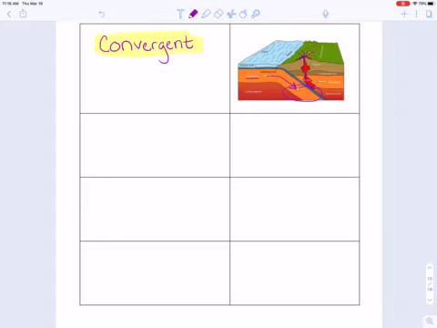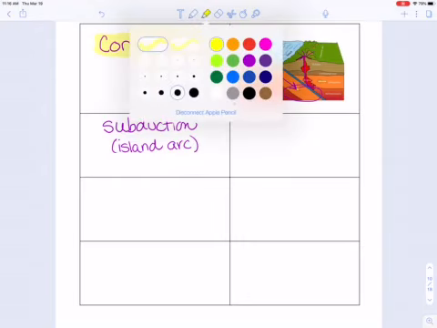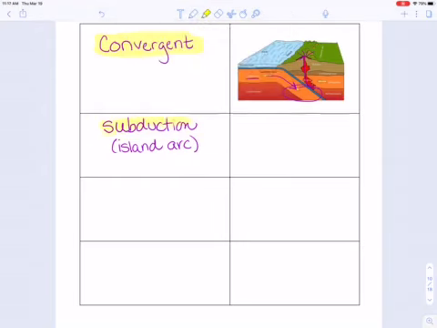So we have two different types of subduction. The one we're going to look at first is an island arc. What happens here is you have two plates coming together and one sinks under the other one.